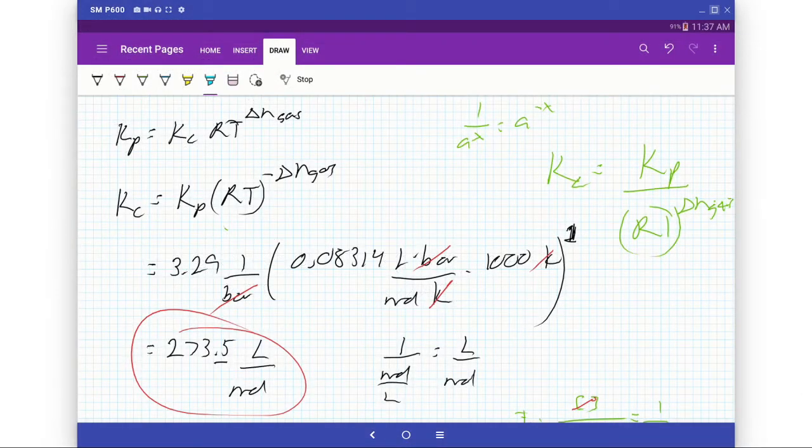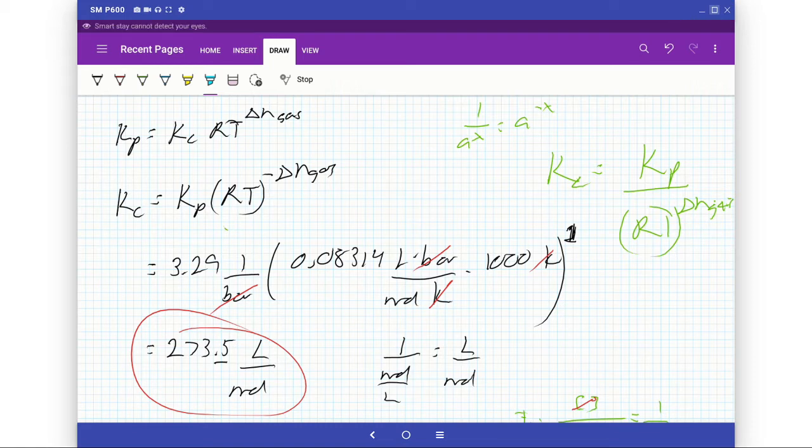So when we went through and set up and solved this first problem, Kp equals Kc RT to the delta n gas. When we rearrange it to get Kc, we ended up having RT to the minus delta n gas. And when we plugged everything in, we got a value of Kc of 273.5, carrying an extra digit through, liters per mole.